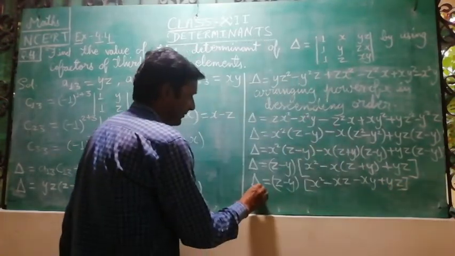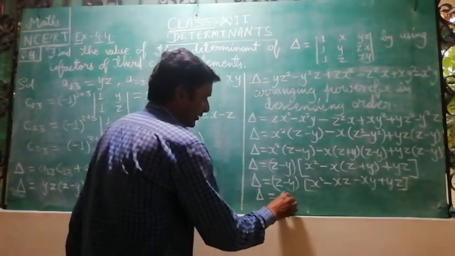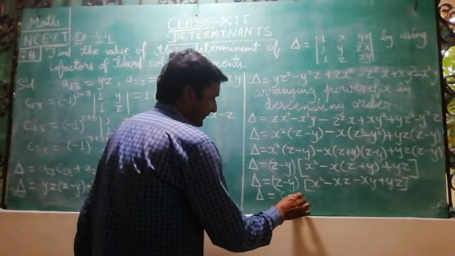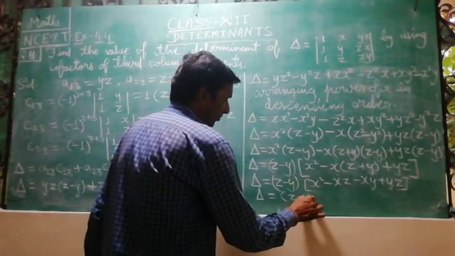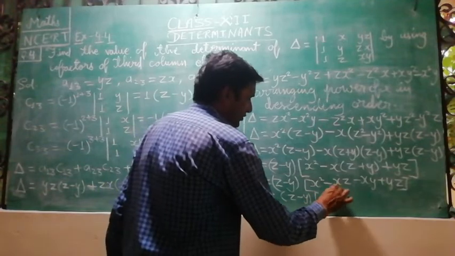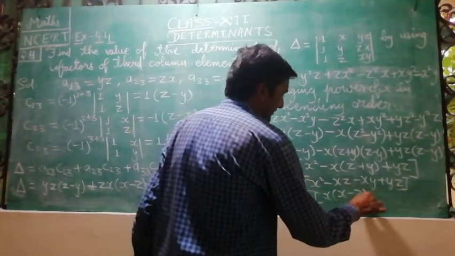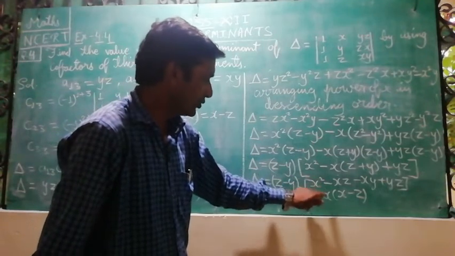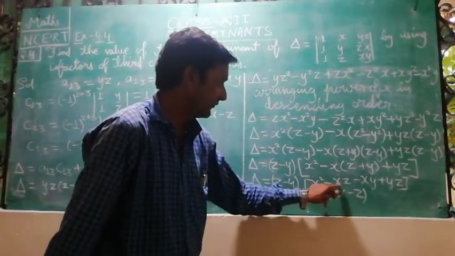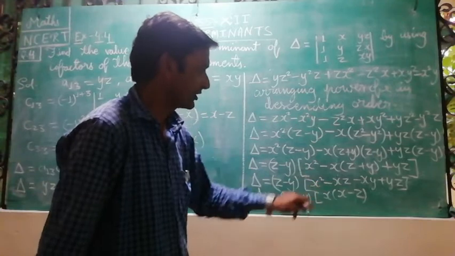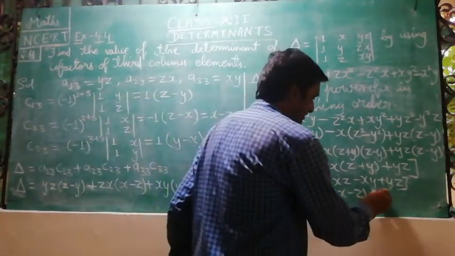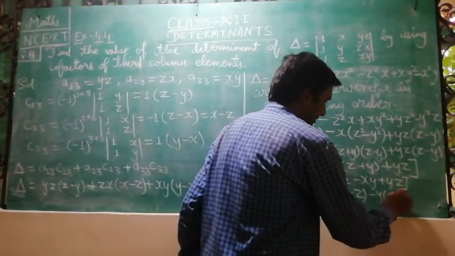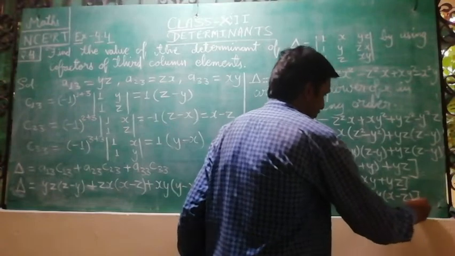So we may write delta is equal to z minus y. Now x is taken common, so it will become x minus z. See, x is taken common, so here power is 2, so x minus z, because x is taken common from both the terms, minus, now y is taken common, so it will be x minus z, and bracket closed.